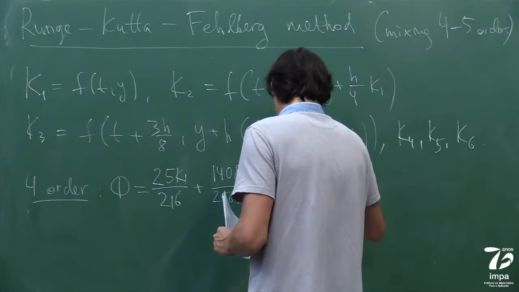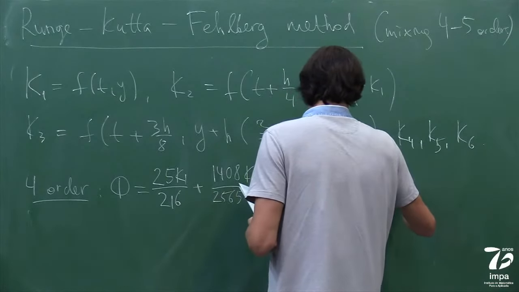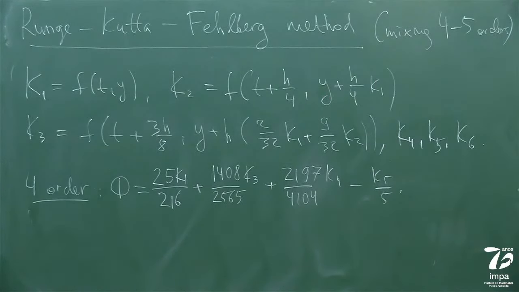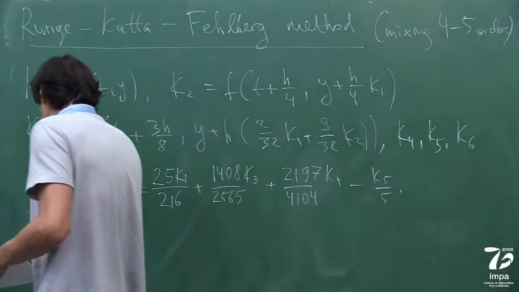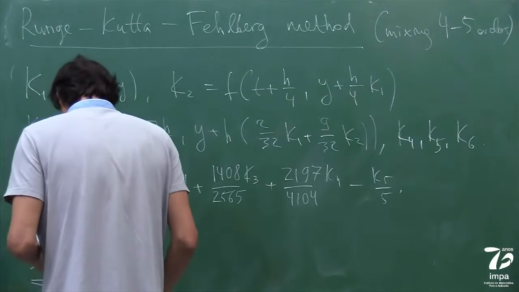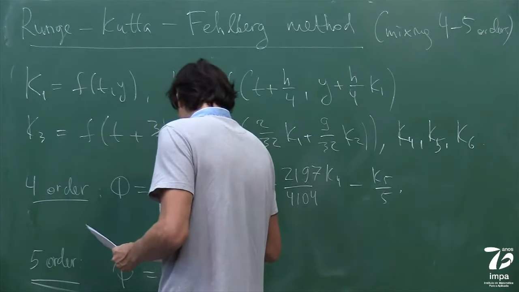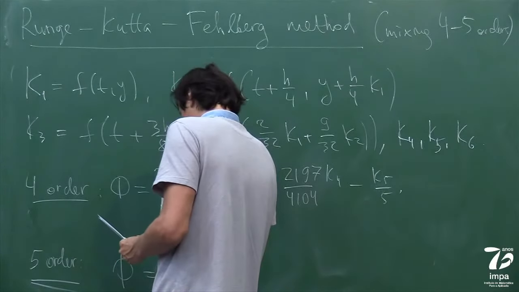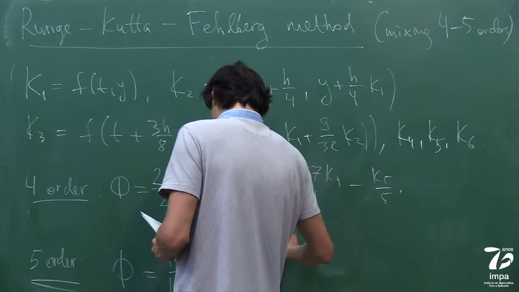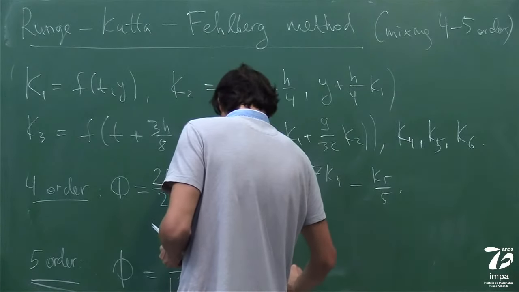It's certainly not what you can guess. So this is the fourth order. So just take a combination of the k terms. And you also take fifth order by a different combination. Let's see a couple.